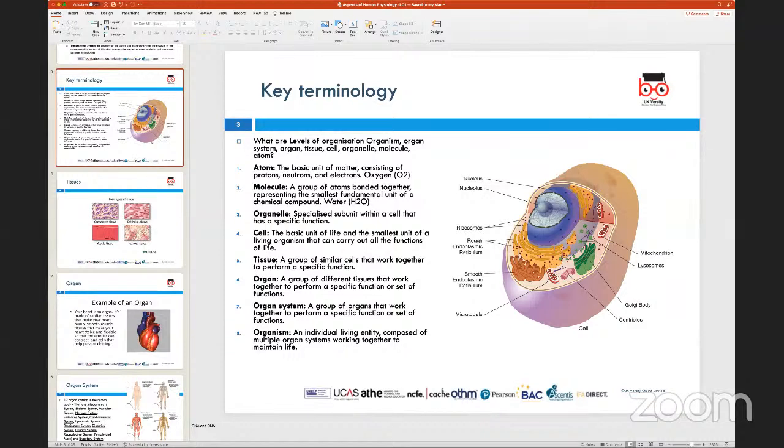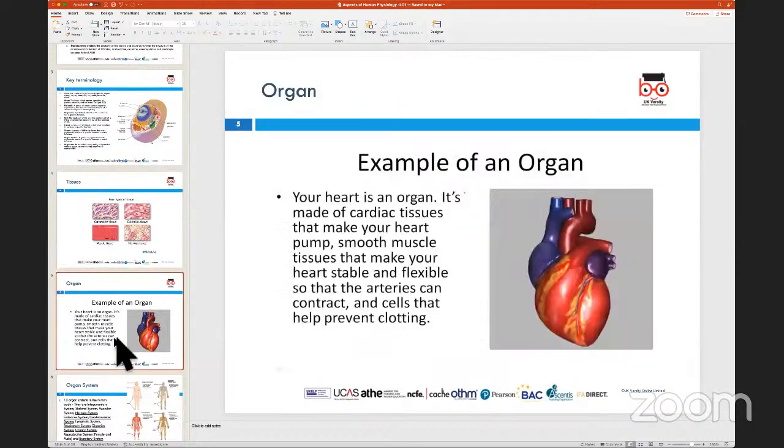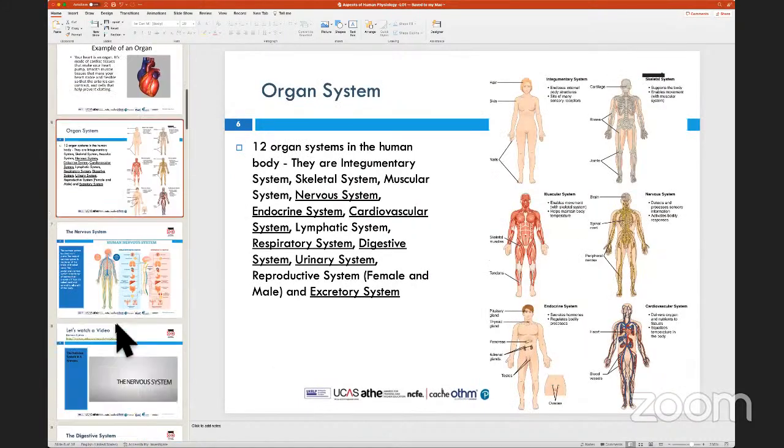When different types of tissues are organized into performing a specific function, they become an organ. Different types of organs working together to perform a specific function within an organism, like excretion, respiration, or breathing, form an organ system, and a number of organ systems put together form an organism. Is this bit clear? Any questions on this so far?